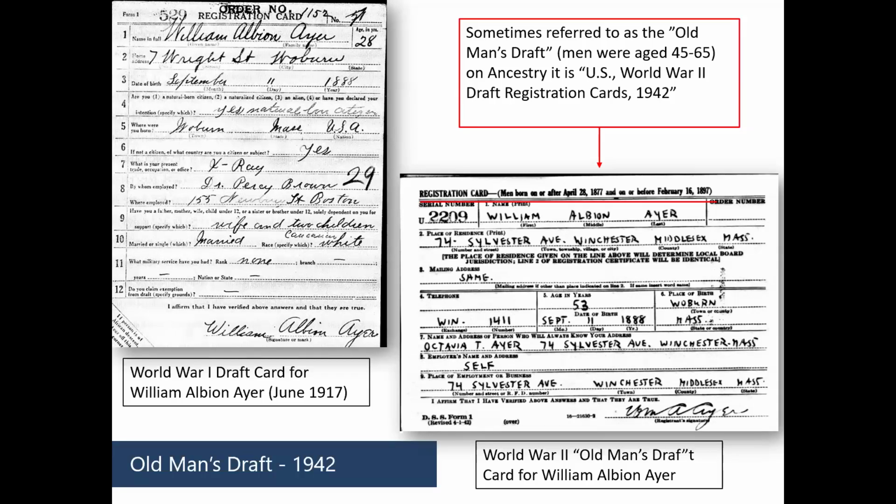But if you get one who didn't, and he was born between those years I mentioned, 1877 to 1897, the men aged 45 to 65, they also had to register for World War II. It was known as the old man's draft, and that always asked for place of birth on that particular card.